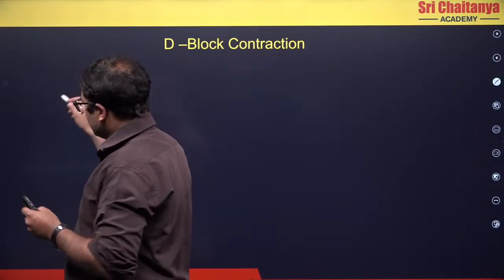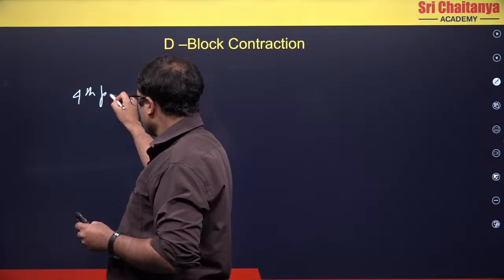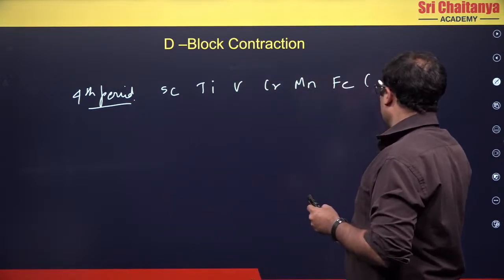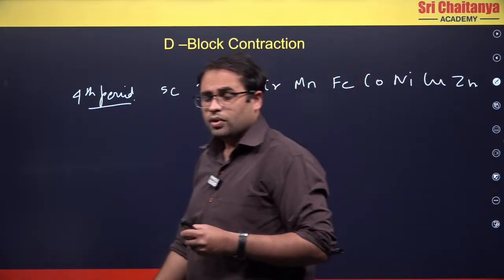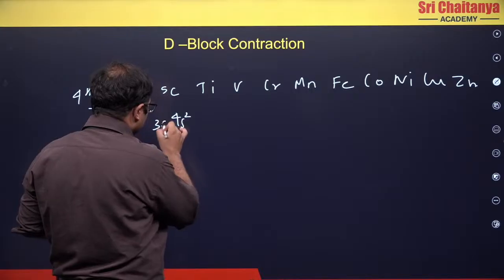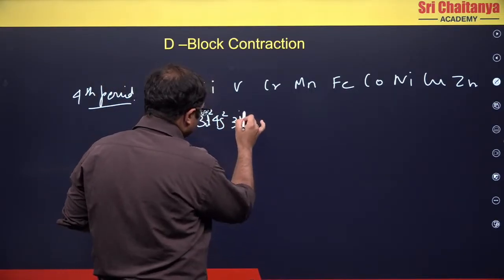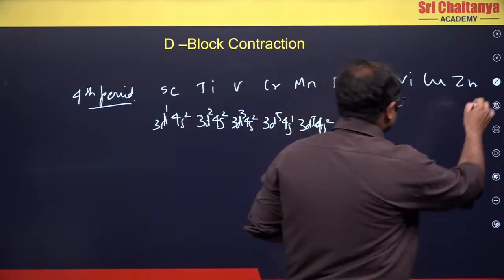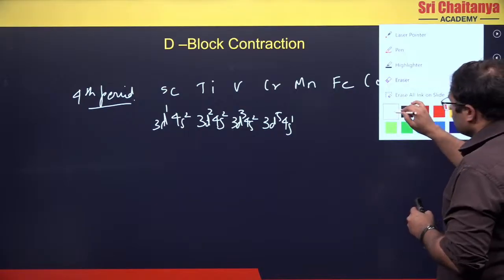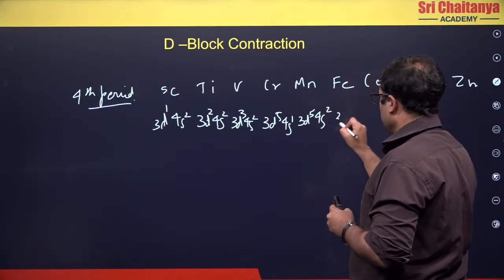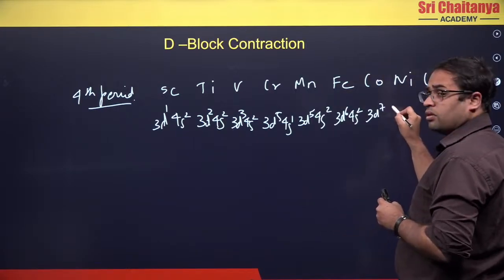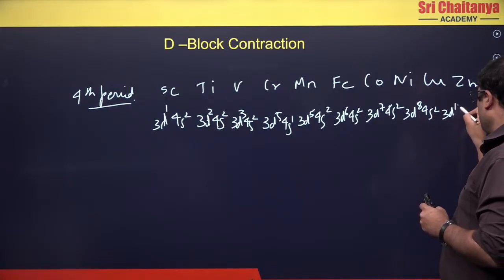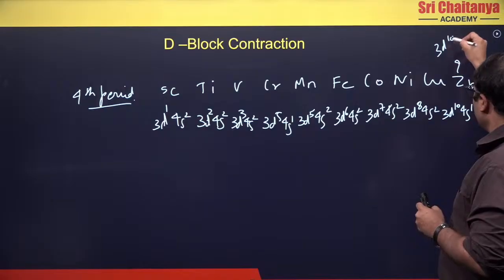Now the effect of this d block contraction: let us take the first series, which is the fourth period, right? In the fourth period you have scandium. The outermost shell here is 4s. So you have 4s2 3d1, 3d2, 3d3, 3d5, 4s2 3d5, 4s2 3d6, 4s2 3d7, 4s2 3d8, 4s2 3d10 4s1, and finally 3d10 4s2, right?